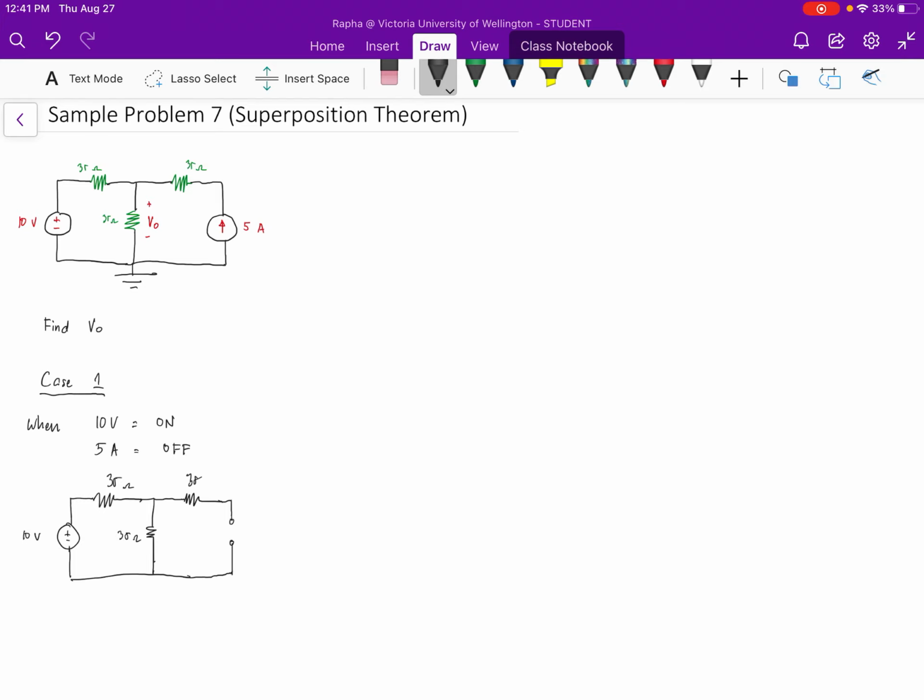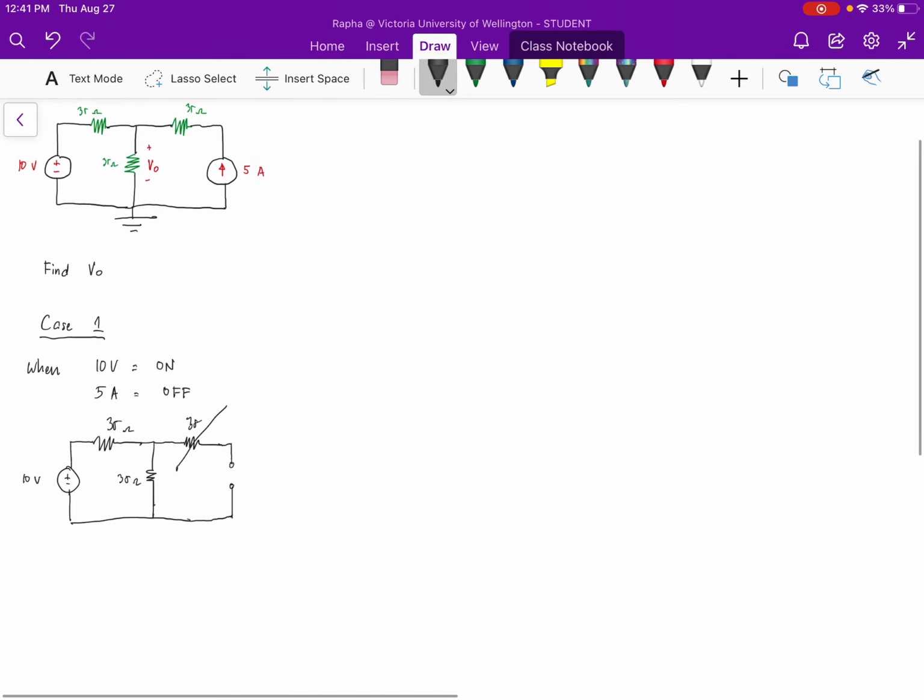What this tells us is any resistor or element connected to the open source becomes useless, so this will not have a bearing anymore in our circuit simplification. In order to solve for VO, we can use voltage division.